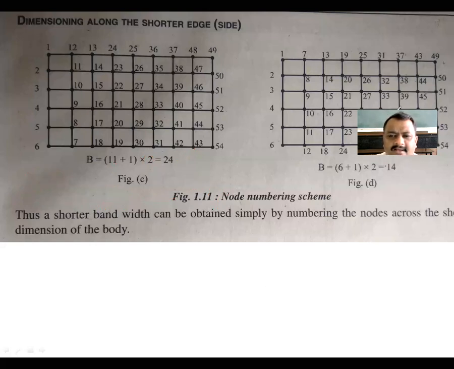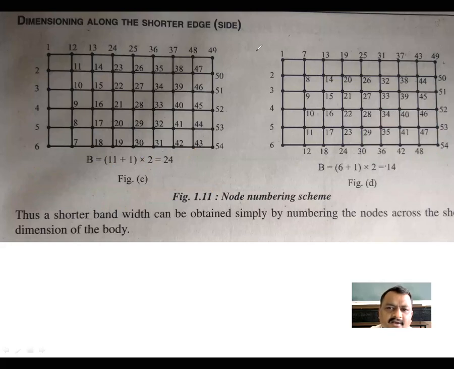According to this numbering fashion, we will proceed along the shorter side itself, but instead of repeating in the opposite direction, we will come back to the first side and number in the same direction again. Can you see the screens? Okay. Now node number 1, 2, 3, 4, 5, 6.